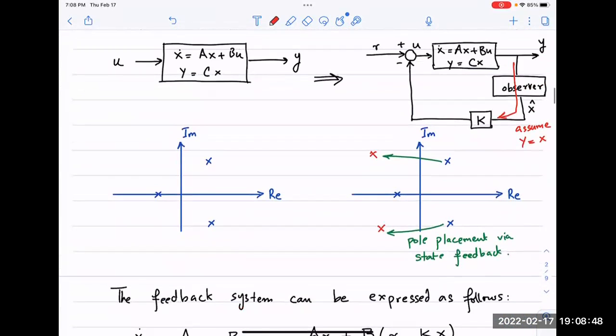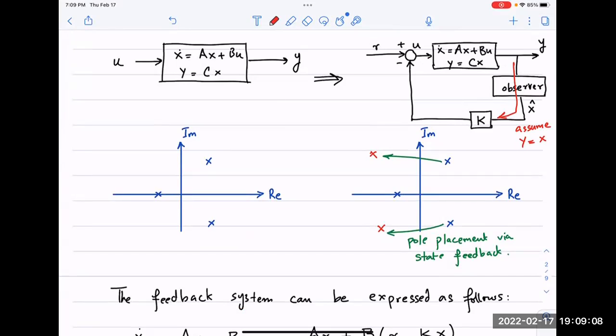So here's the full picture. If you're able to have the state information of the system, you can simply combine it linearly using a gain matrix k and feed it back to the input.